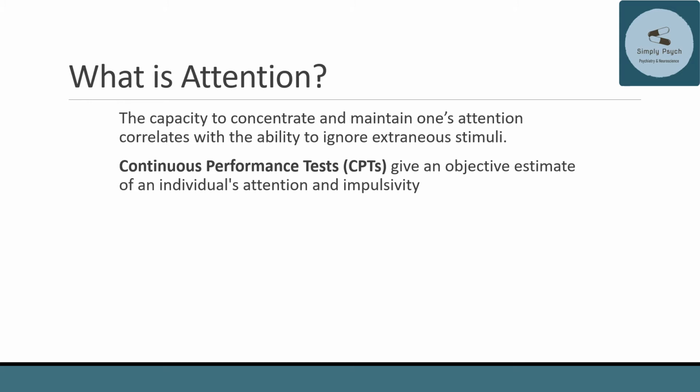And the results are compared with normative data for individuals in one's age group. There are many of these tests, and these particular neuropsych tests are often administered to patients who have or are suspected of having attention deficit disorder or other neurocognitive disorders that affect your ability to attend to stimuli.